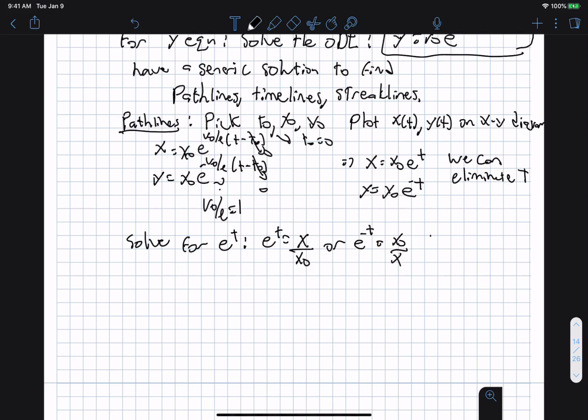So subbing into the y equation, we have y equals y naught e to the minus t equals y naught x naught over x.